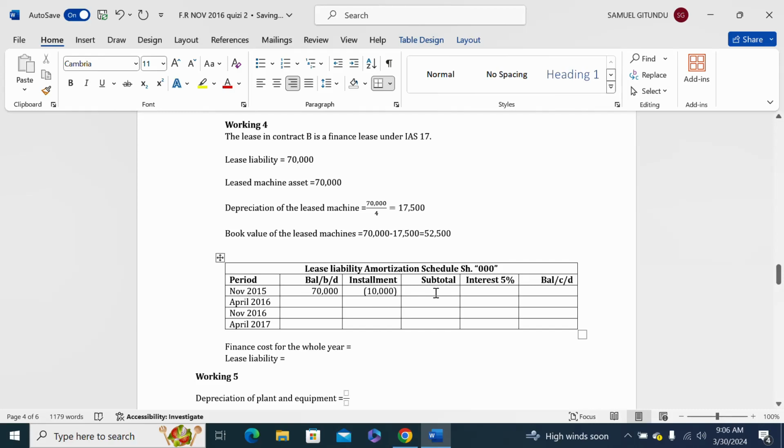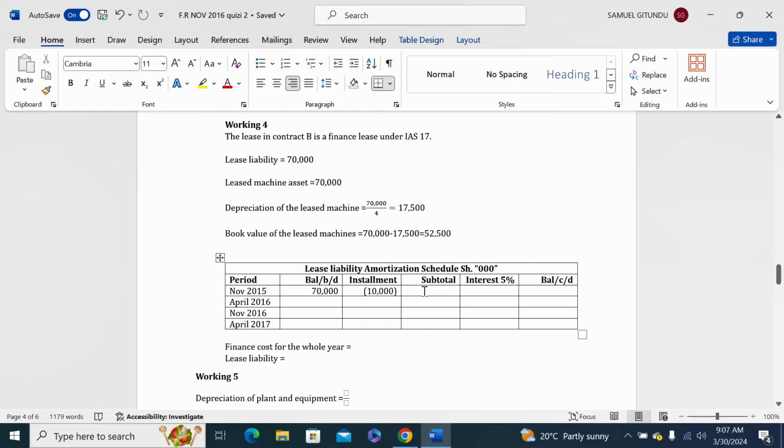If they are being paid in arrears, we could not first deduct this 10 million. We could just take 70 million, then multiply by the interest rate. But now the lease rentals are being paid in advance, and that's why we are first deducting this 10 million, because this installment was paid before the expiration of any period. Therefore, there was no interest calculated on this first installment.